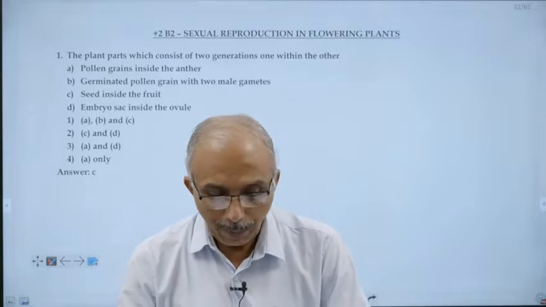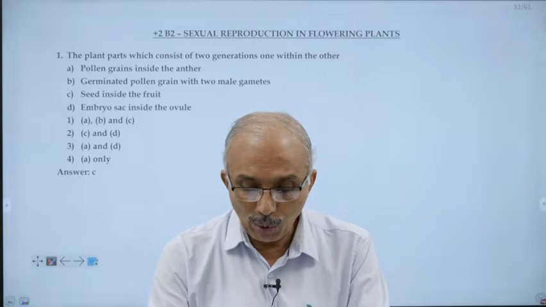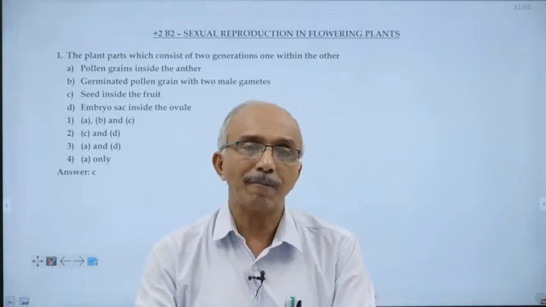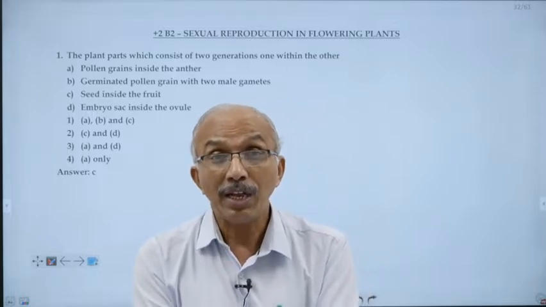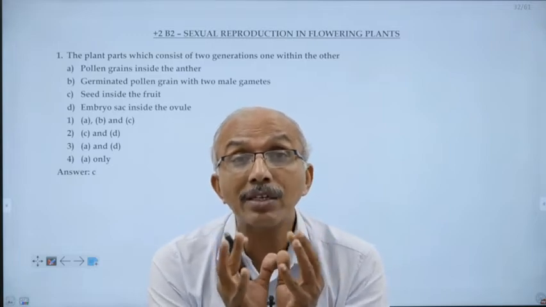The plant part which consists of two generations, one within the other. So the selection of the option should be very careful. In the selected option, there should be two plant parts.